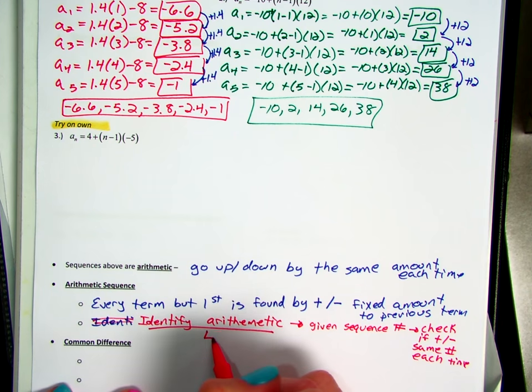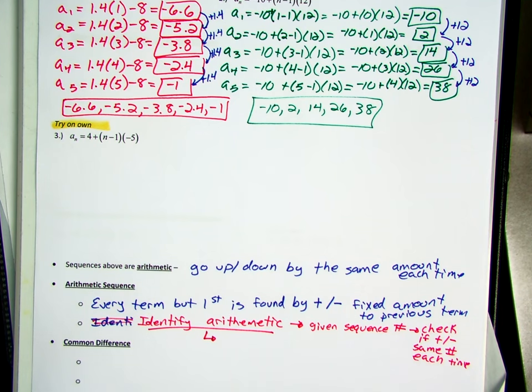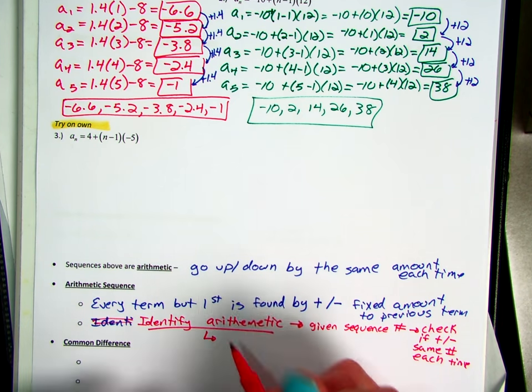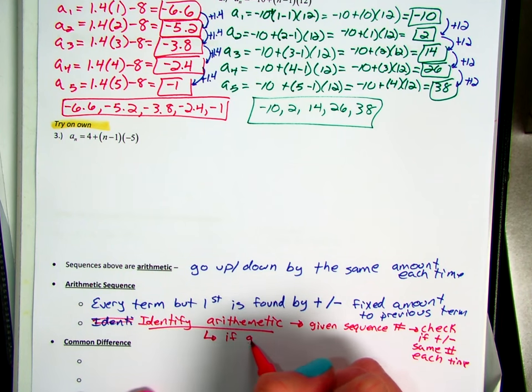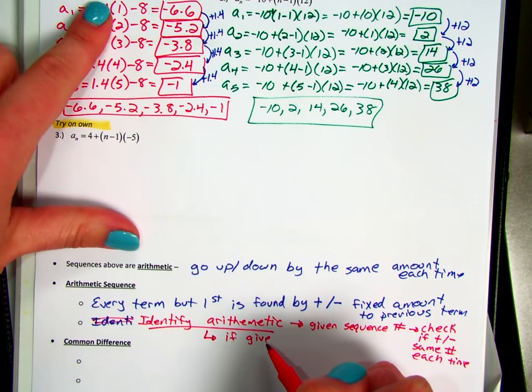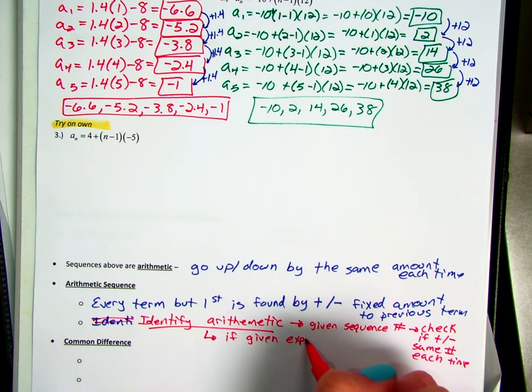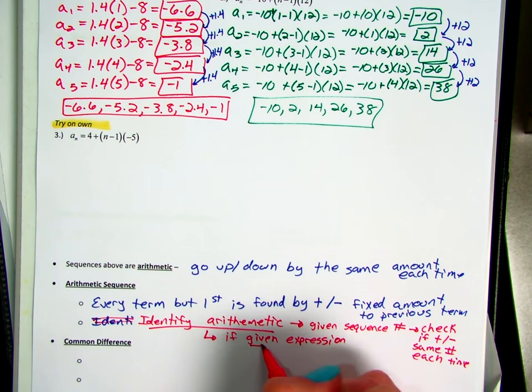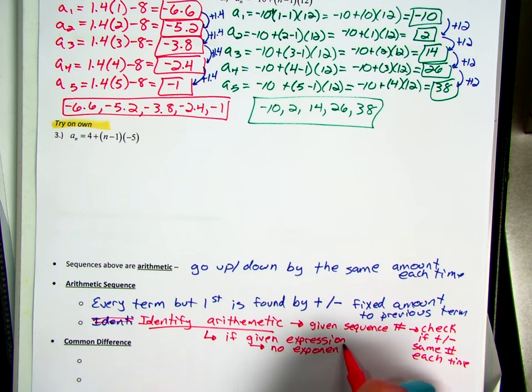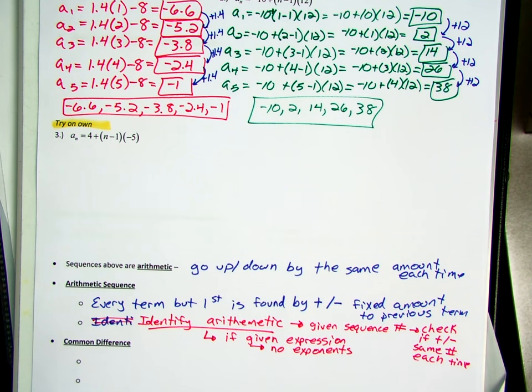The other way you can identify whether or not it's an arithmetic sequence is by looking at the expression. So if given an expression, like in this case, 1.4n minus 8, there should be no exponents. If there's no exponents, then you can go ahead and use the arithmetic sequence.